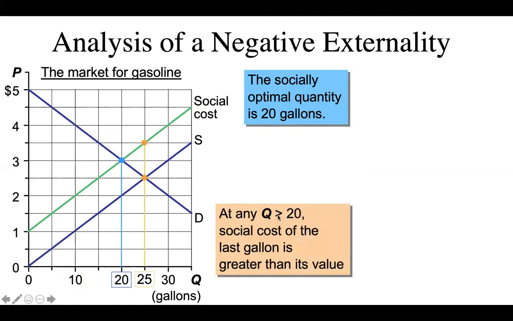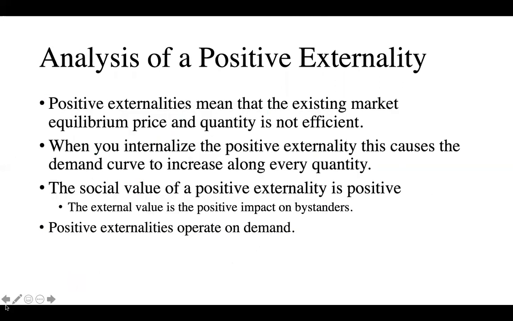But at any quantity greater than 20, the social cost of the last gallon of gasoline is greater than its value. So its impact is larger than its value. That is a negative externality and how a negative externality operates on supply.